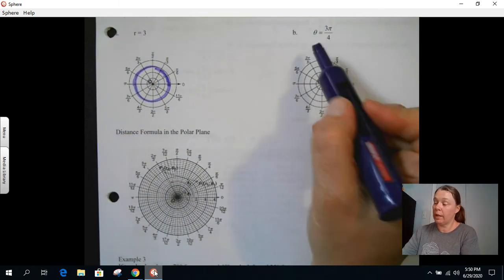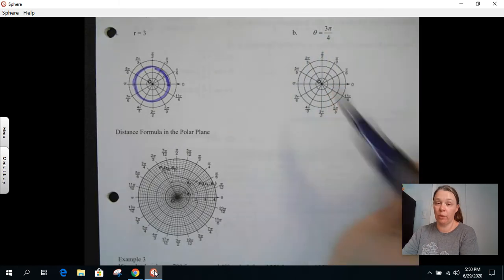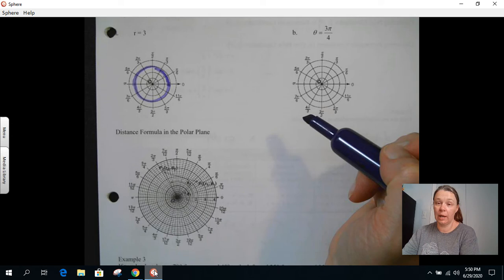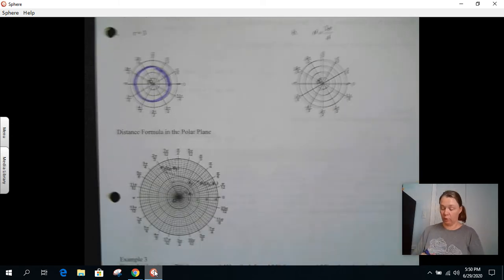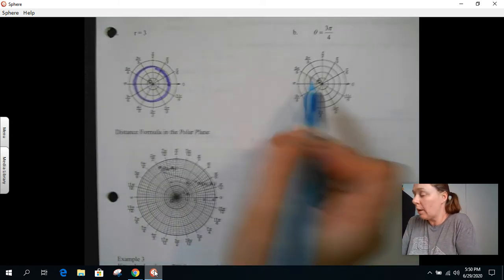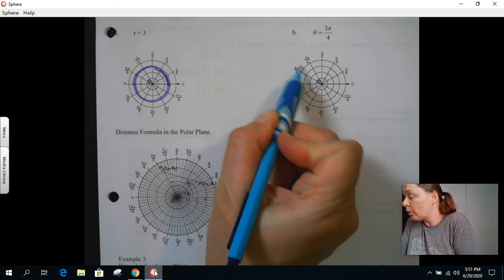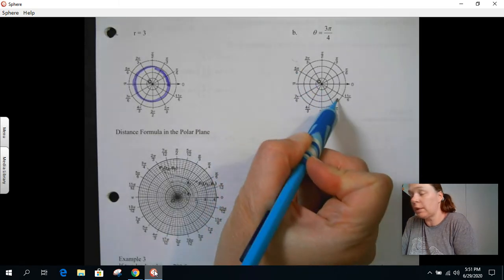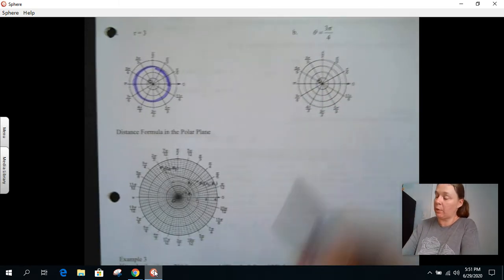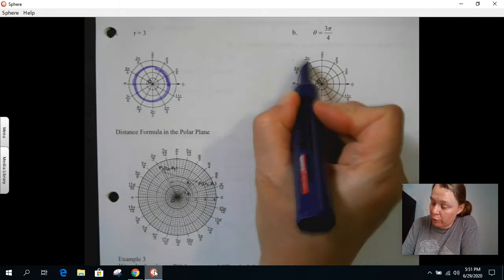And then the next one, theta equals 3 pi over 4. So any point along here that could have an angle of 3 pi over 4. Now again, 3 pi over 4 isn't on this, but you know it's between. The thing that people will sometimes make a mistake on with this is they'll say, oh, 3 pi over 4 is over here in the second quadrant, and they'll just draw this ray in.